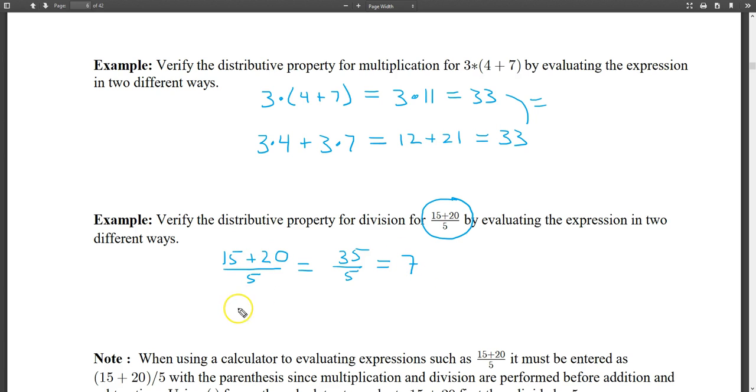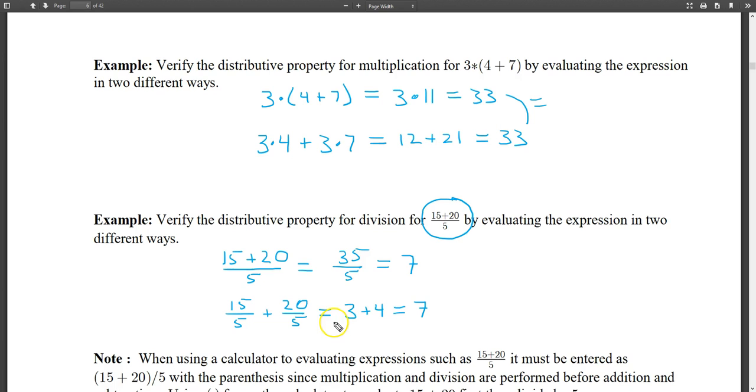Now if we were to split this fraction apart, notice we would get 3 plus 4, which is still 7. So we get the same thing, of course. So that verifies the distributive property for division.